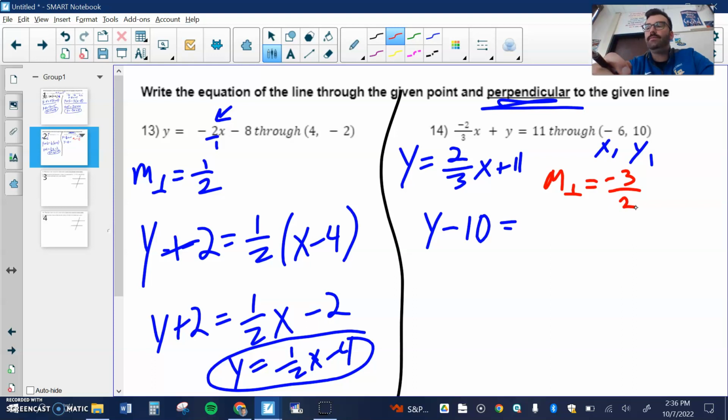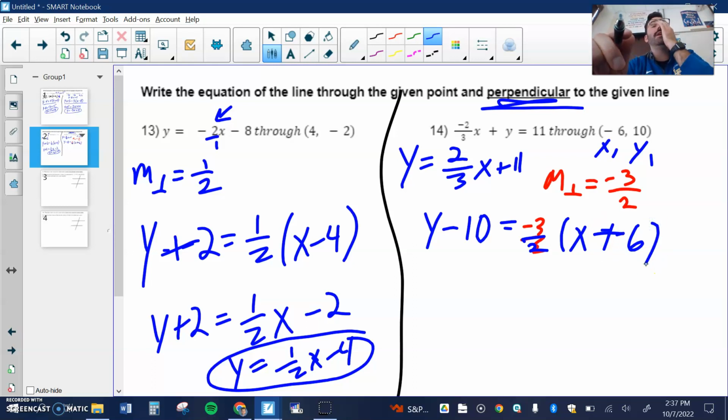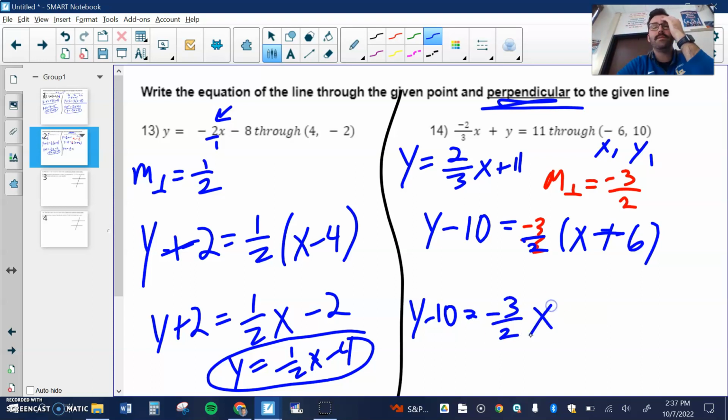This is a negative 3 over 2 right here, times x minus negative 6, which becomes a plus 6. Now if I want to distribute the negative 3 over 2, the y minus 10 stays the same, equals negative 3 over 2 x. Negative 3 times 6, and then divided by 2.